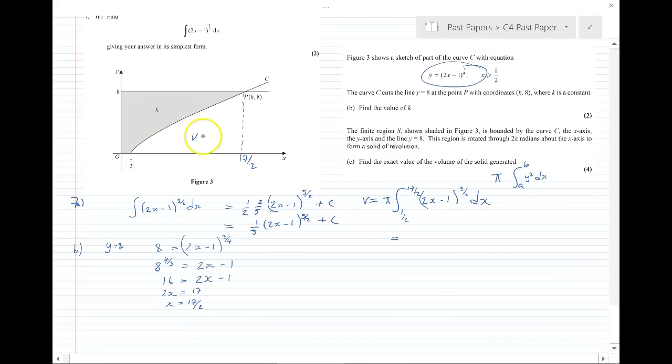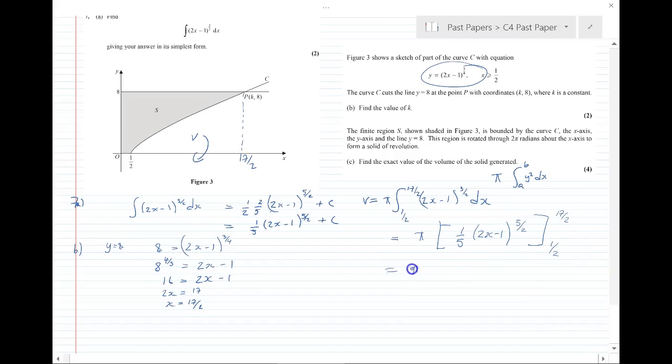So the volume V. Right, now we've done the integration already. So we've done the integration in part A. So that's equal to pi from 17 over 2. Oh, I said we've done it. Now I'm going to write it in. So that's pi times 1/5 of 2x minus 1 to the 5 over 2 between the limits 17 over 2 and a half.